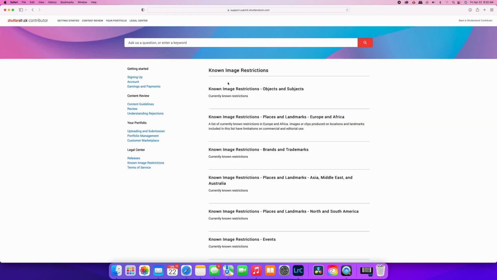The first is that currency generally can be submitted commercially or editorial, but commercially only if the banknote's partially obscured. With Canadian bills, you have to upload as editorial only. And with UK pounds, the paper currency, you can't upload those even as editorial.